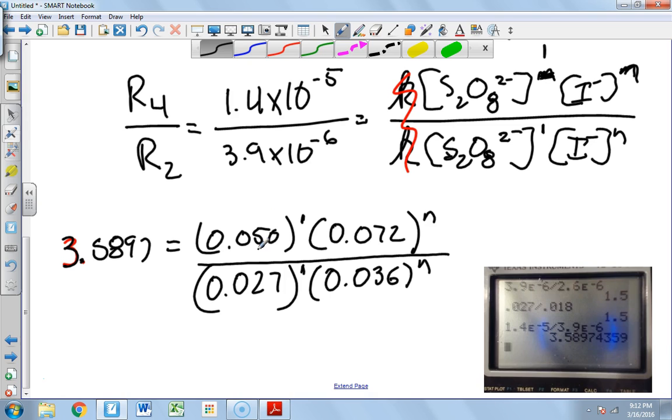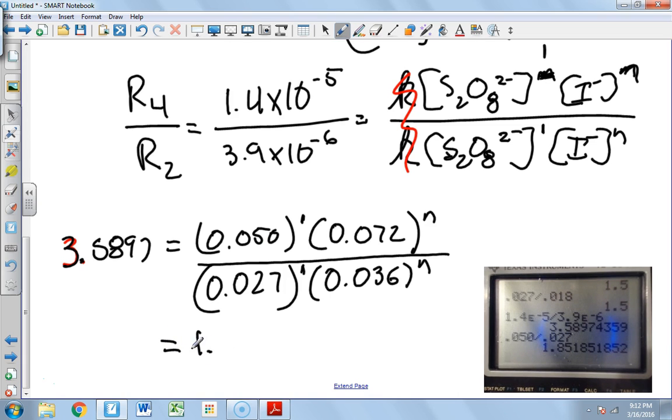Well, 0.050 divided by 0.027 equals 1.851 repeating, times, what's this? 0.072 divided by 0.036, but I know that that's 2, so that's going to be times 2 to the n.